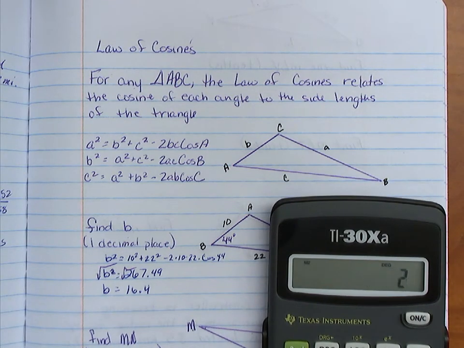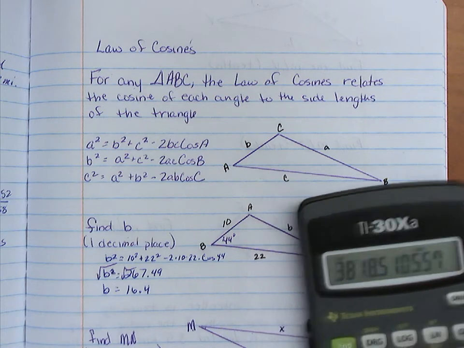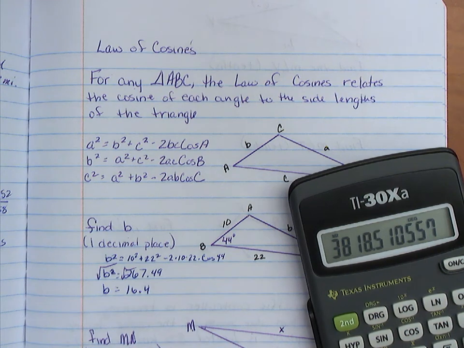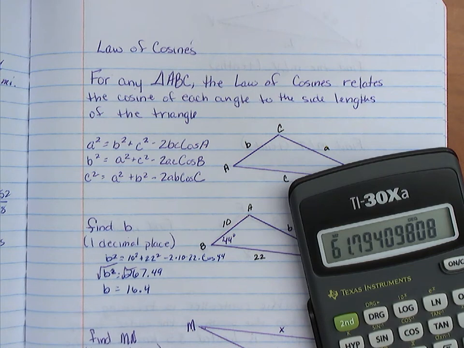It equals 3,818.5105 whatever, and then I'm going to take the square root of both sides, and that's going to give me that x is equal to 61.8.